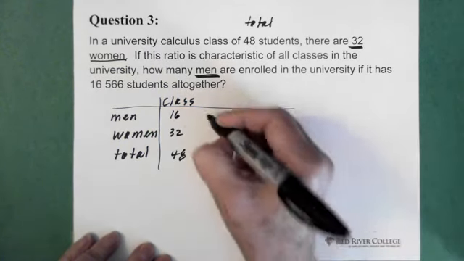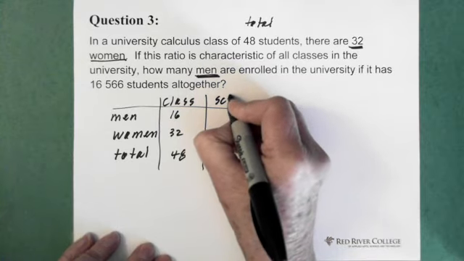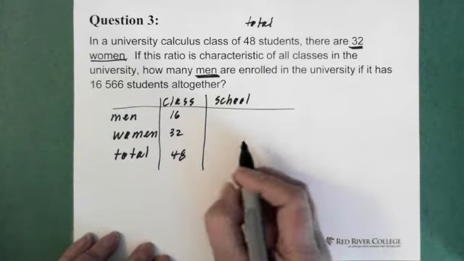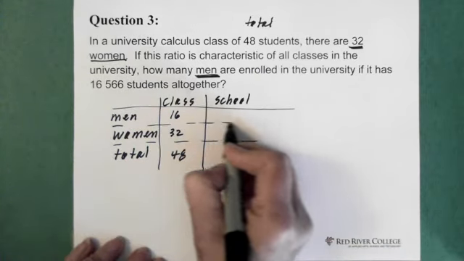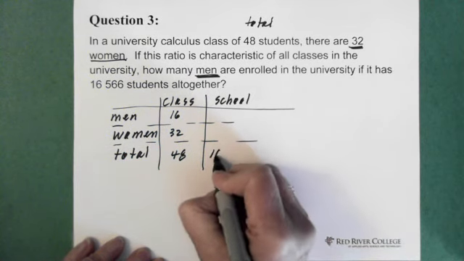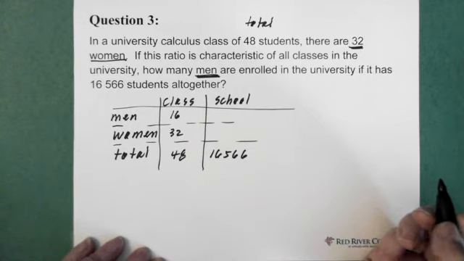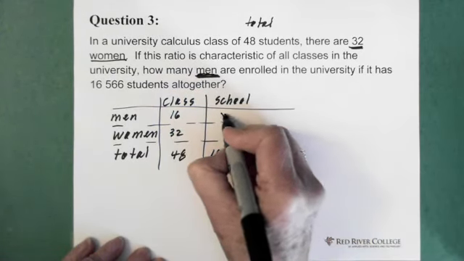So we have 16 men. And in the school, we're told that the total is 16,566 students. And the thing we're being asked for is the men.